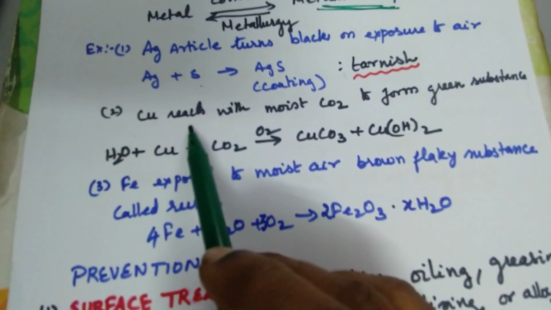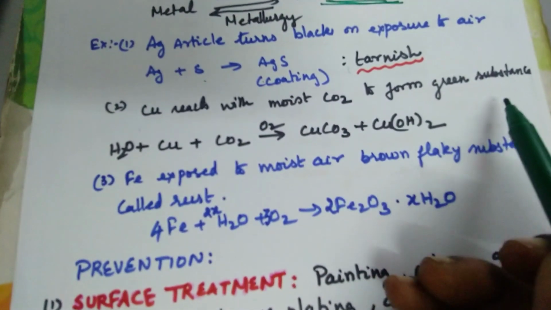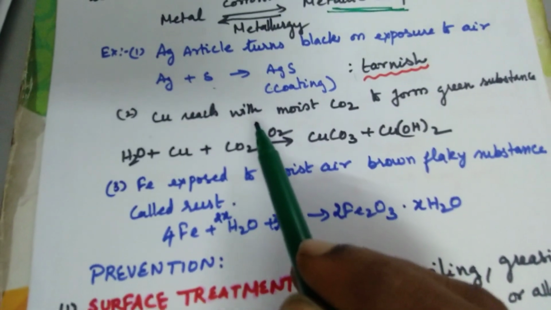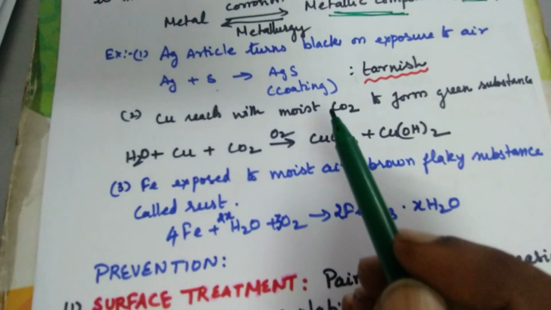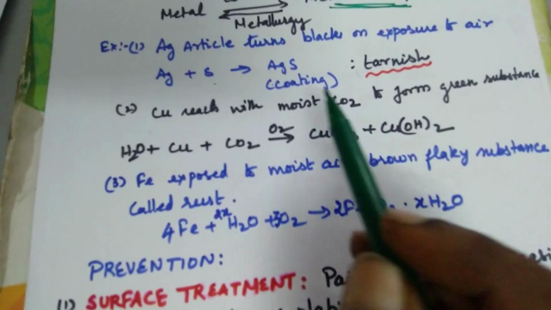Copper reacts with moist carbon dioxide to form a green colored substance. When we use copper, we can see a green layered substance on the surface. What is it? It reacts with carbon dioxide in the air.